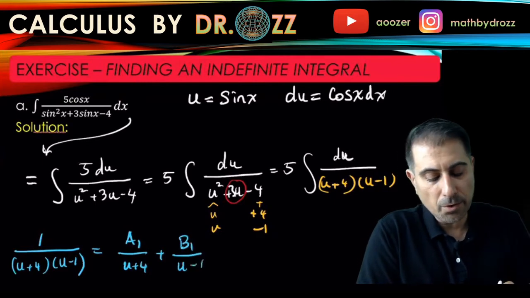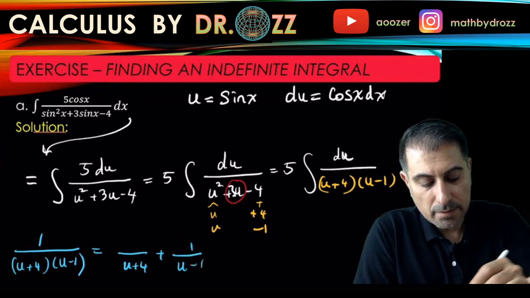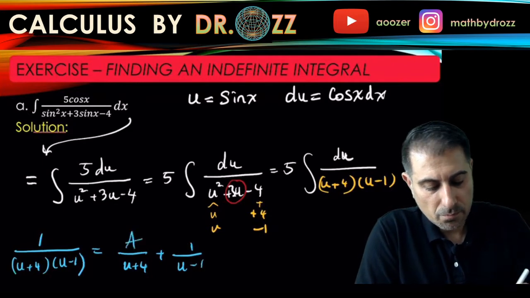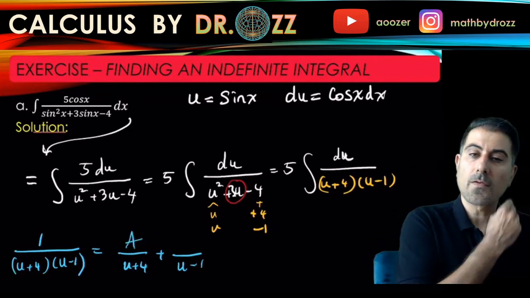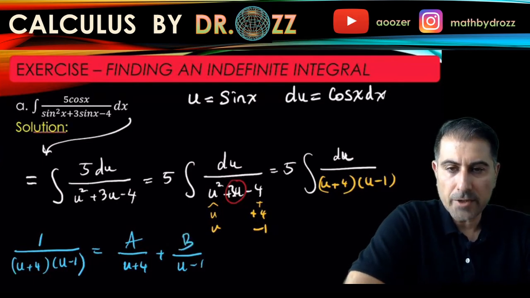Or you can just simply go A and B. Okay? If I can manage to have this partial fraction and find A and B, I'm almost done.